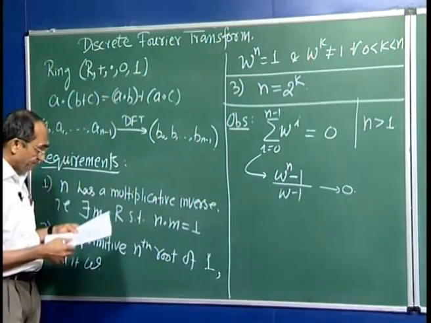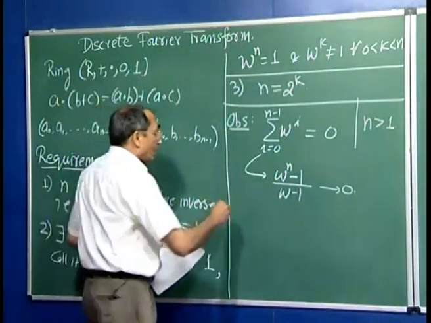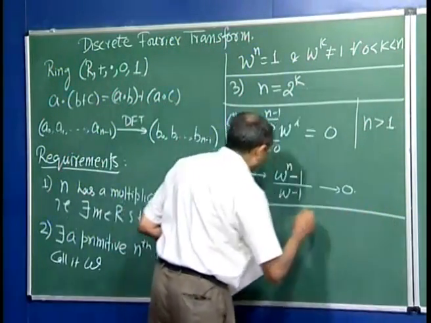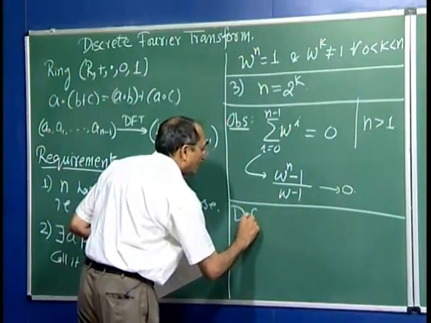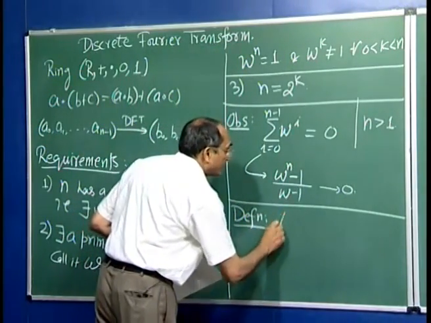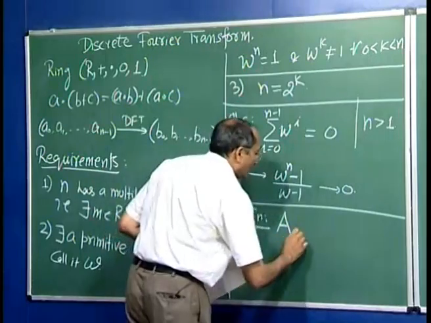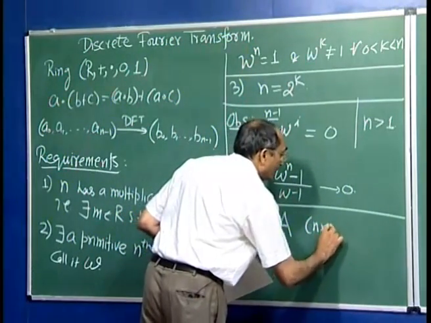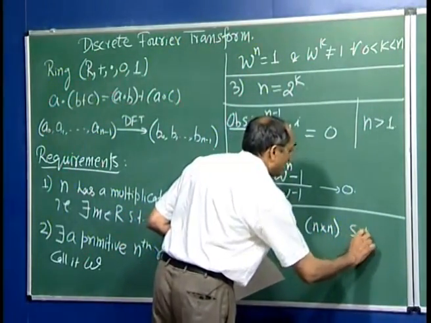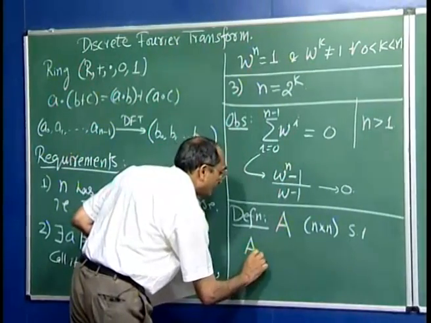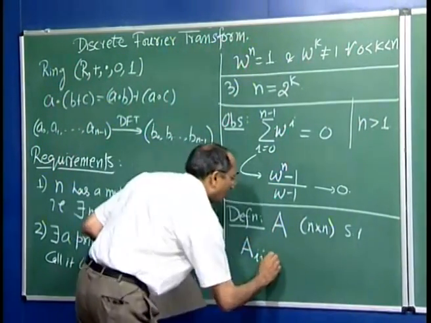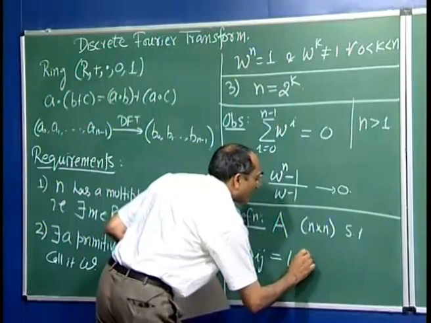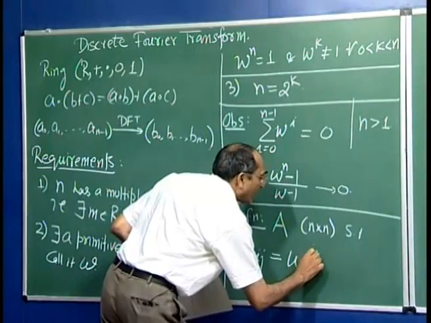And let's define a matrix A which is n cross n such that A_ij, the ijth element of this, is w power i times j.